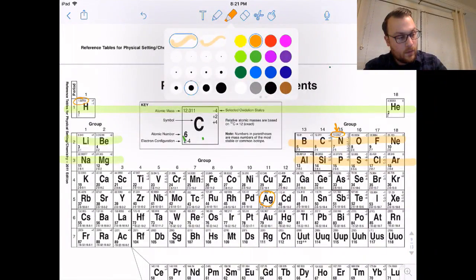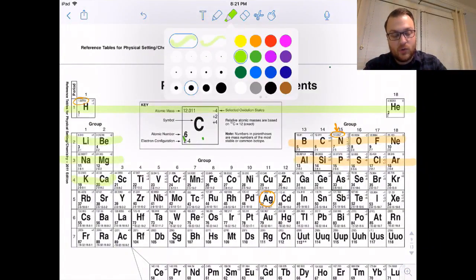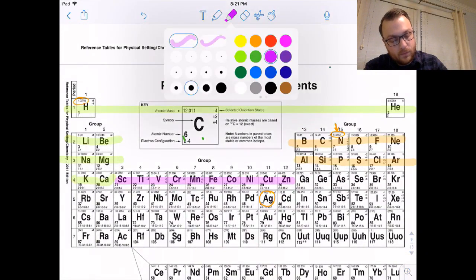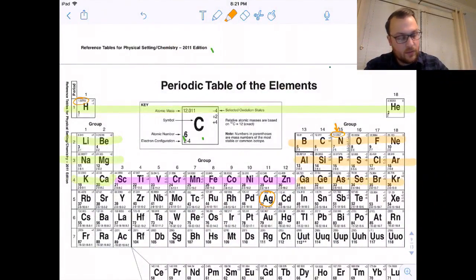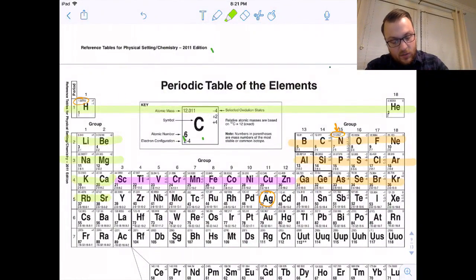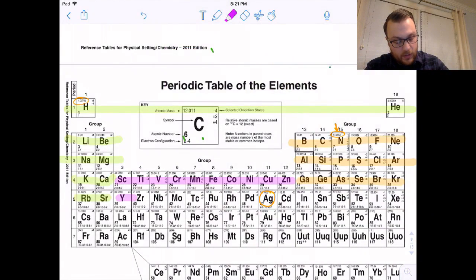Here comes the tricky part. 3d, subtract 1, 10. 4p6, 5s2, 4d, 1, 2, 3, 4, 5, 6, 7, 8, 9 at silver.